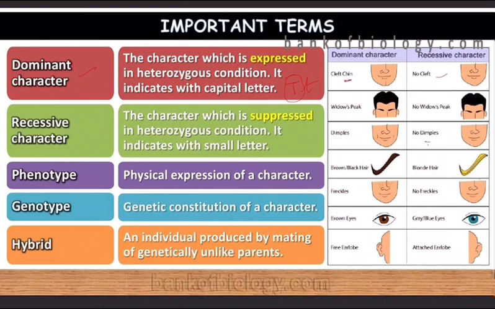Like we have here cleft chin, right? And not having that, the smooth one, is recessive. Similarly, widow's peak, okay, this, and no widow's peak, recessive character. Dimples in the cheek, dominant character. No dimples, recessive character. Brown or black hair, dominant character. Blonde hair is recessive character. And then freckles, dominant character.